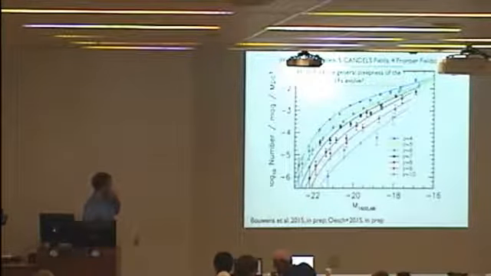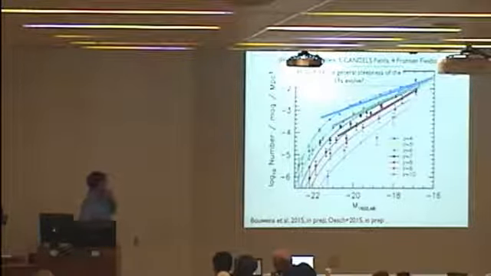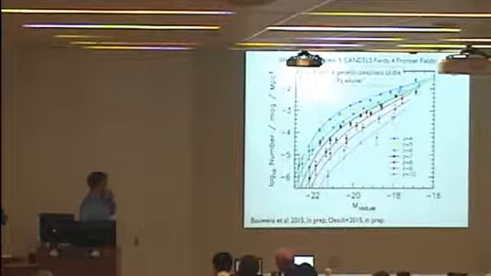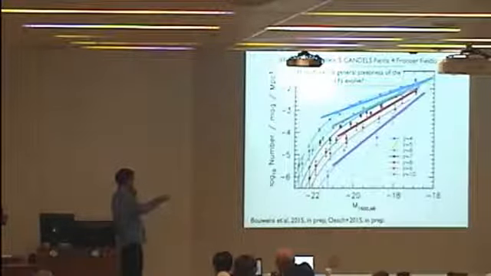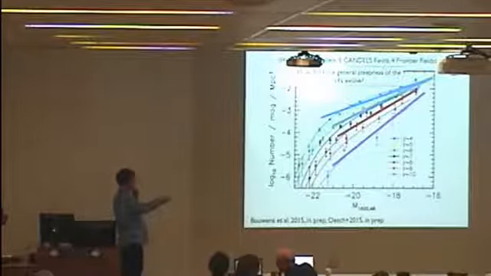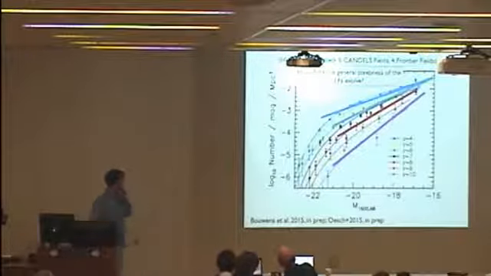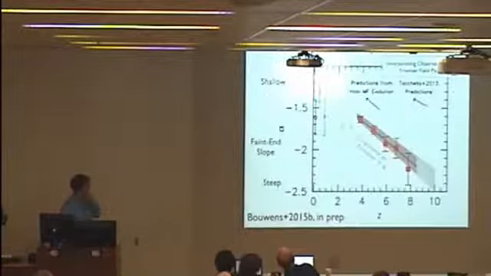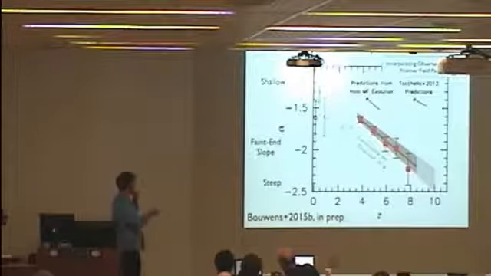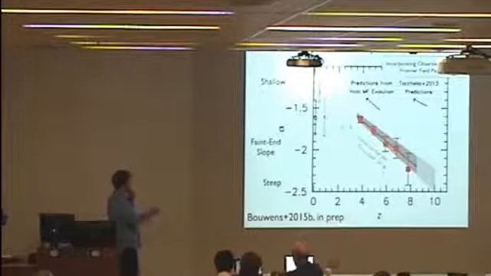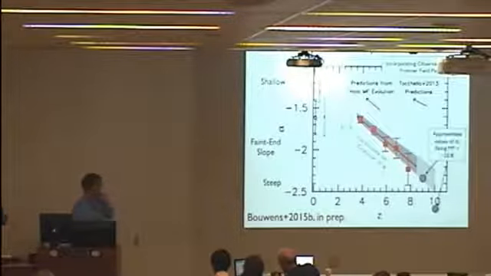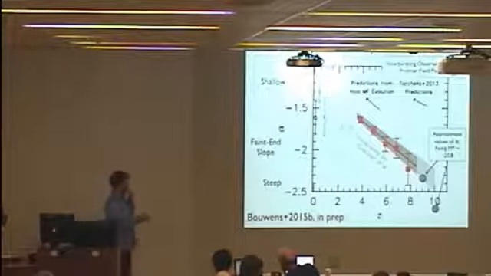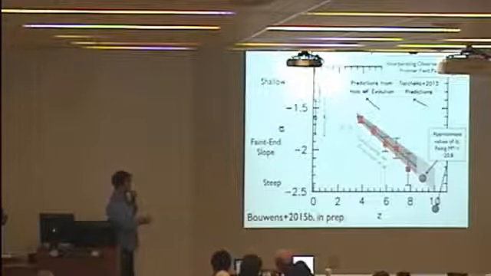So let's look at the science. What can you do with the science? One thing you can do is just look at the steepness of the luminosity function, at the faint end. And so you can see that the faint end slope is obviously changing pretty dramatically. You can try to quantify this by deriving the faint end slope as a function of redshift. Here's out to redshift 8. Here is essentially folding in some, I still need to get the actual error bars on this.